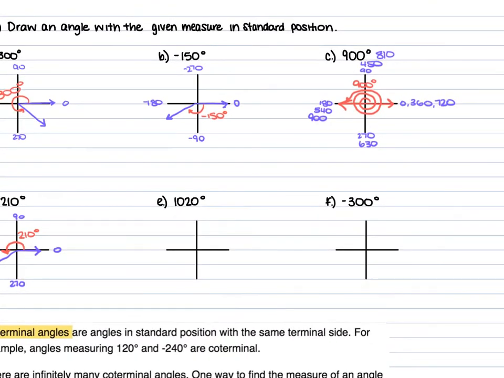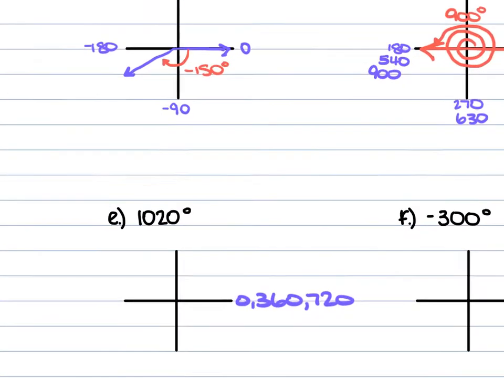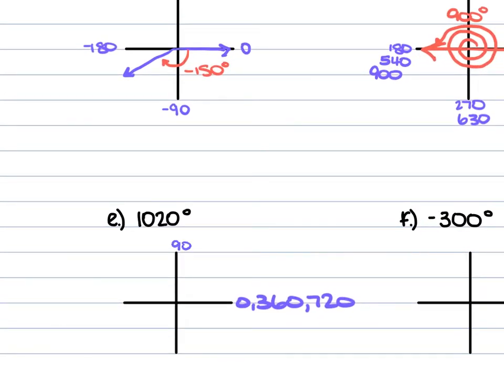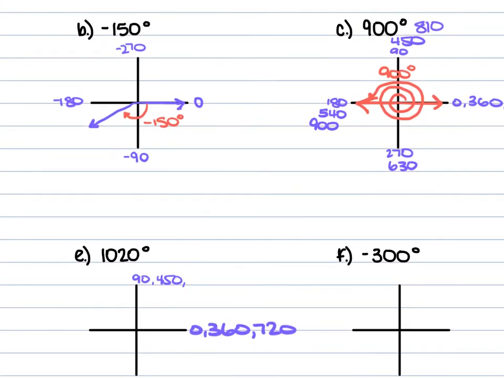So for E, we have 1020 degrees. So remember, we did this already. We had 0, 360, 720. Then we also had 90, 450, and 810.